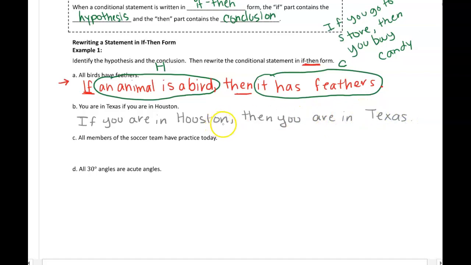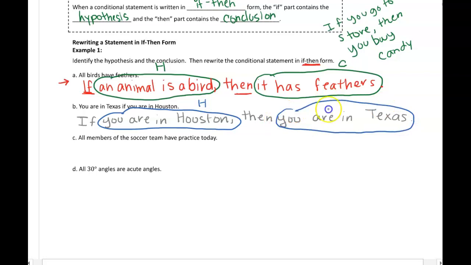Okay, now we wouldn't write it if you are in Texas, then you are in Houston, because you could be in several different cities and that would not be an accurate statement. It would be a false statement. Okay, but now it is in conditional statement form. So this is my hypothesis. It's after the if. And this is my conclusion, which is after the then.